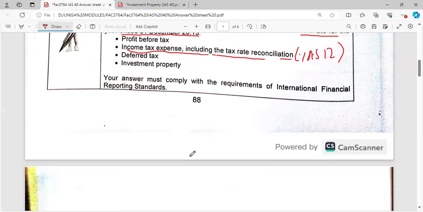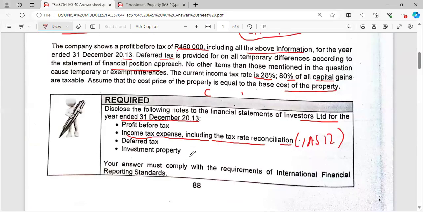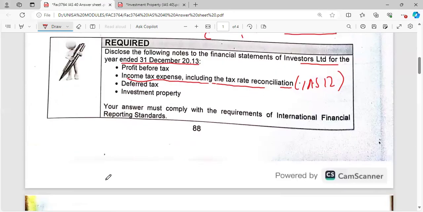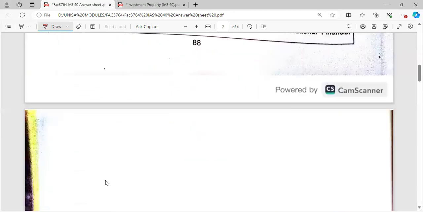So where do we start? The first one is the profit before tax. We are going to do the notes. So if the question requires us to do the notes, it means you need to come up with the heading. This is the name of the company.